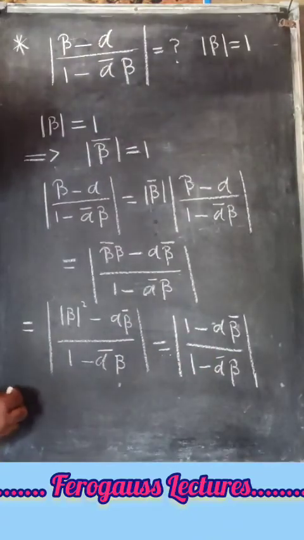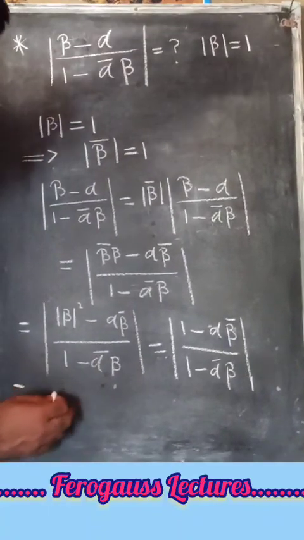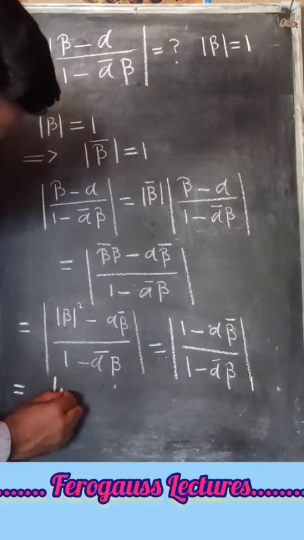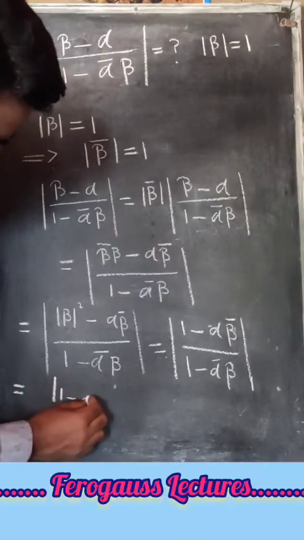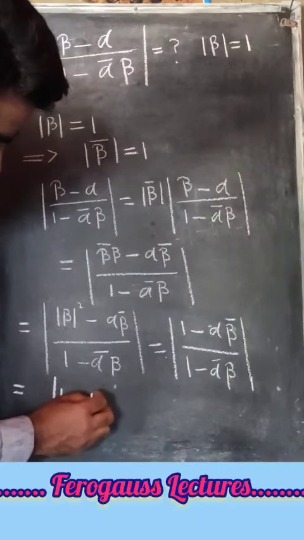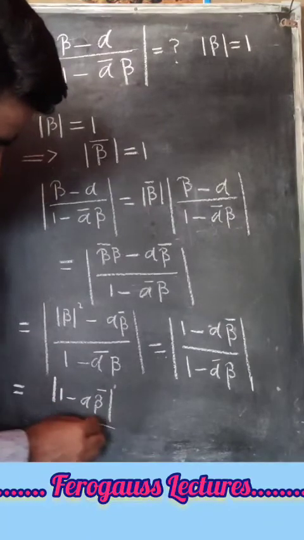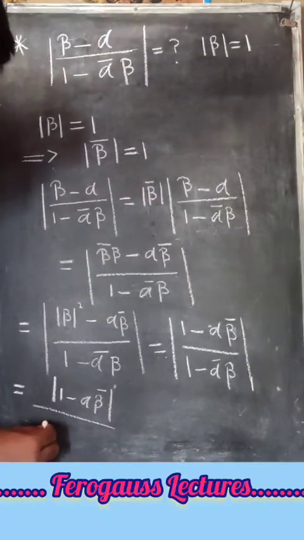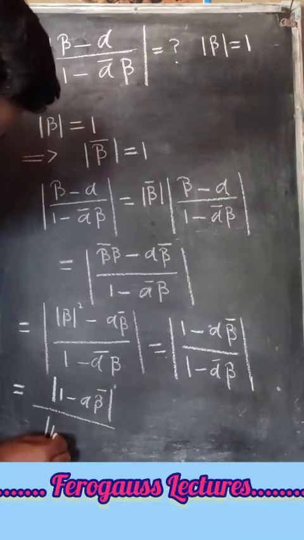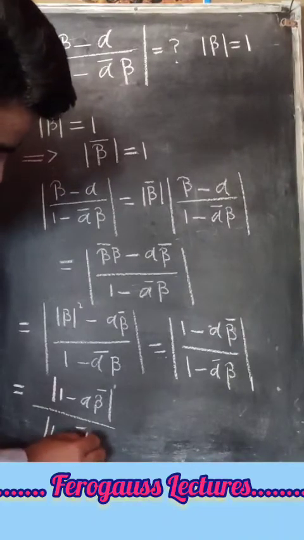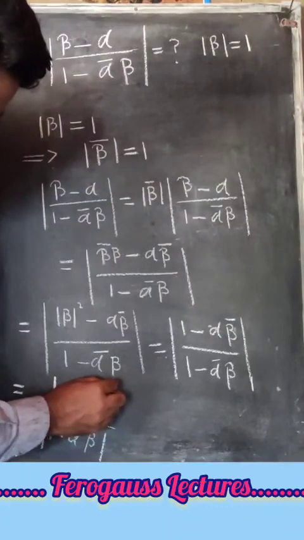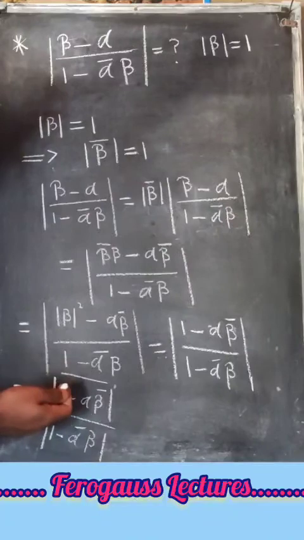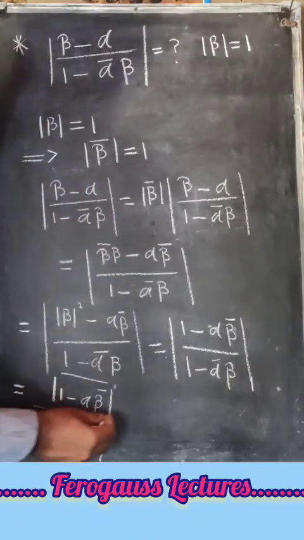In the numerator we take the conjugate, and its value remains unchanged because mod of z is equal to mod of z conjugate.